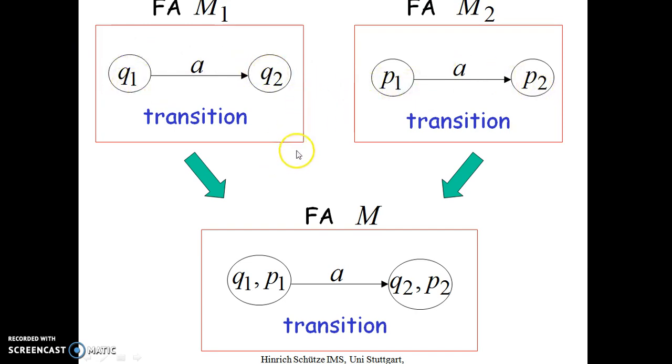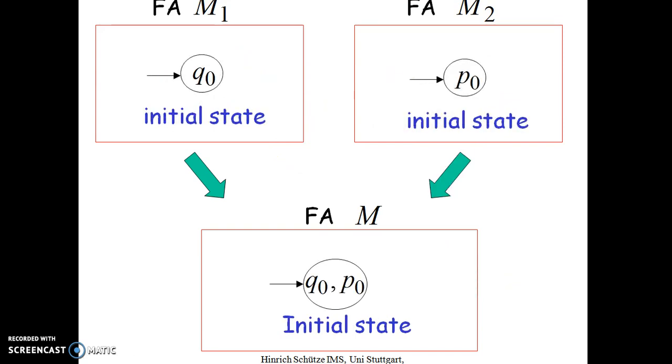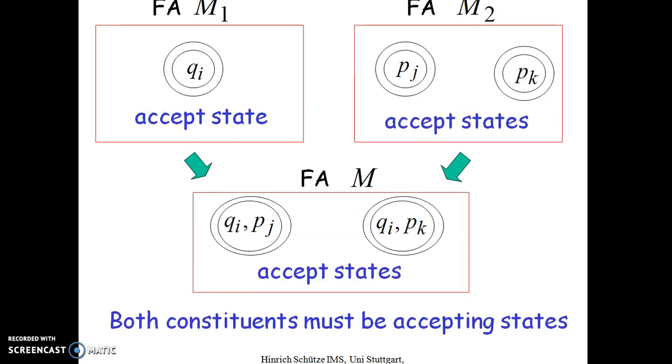So I should add the transition from Q1 P1 to P2 Q2. And the next step is the construction of the initial state, that I have already told. Next, the construction of the final state, this also I have already told. So here one final state and here you have 2 final states. So Q1 Pj will also be a final state, Q1 Pk will also be a final state.